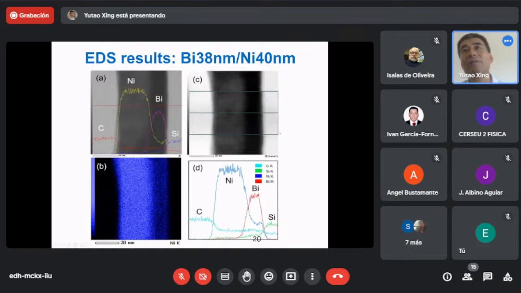It's an average of all the spectra in this area. And we can see in this figure that also at the end, the concentration of nickel increased. It shows clearly that at the end, the sum has more nickel than in the middle here.